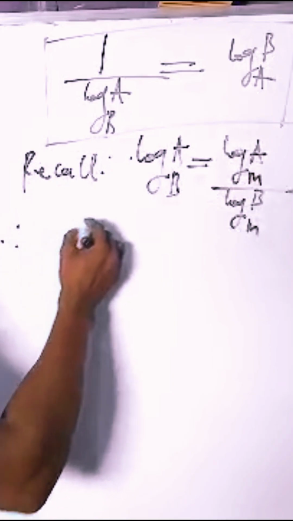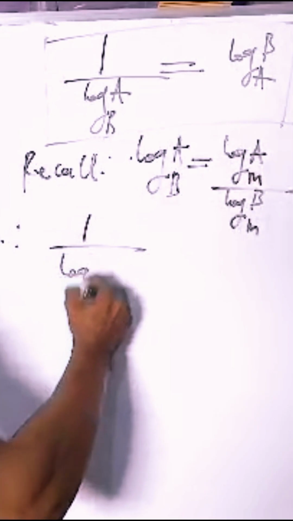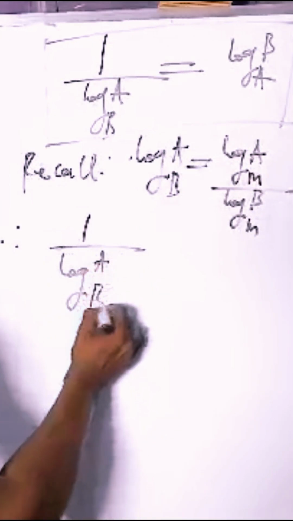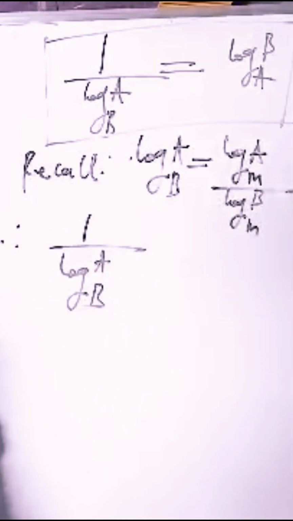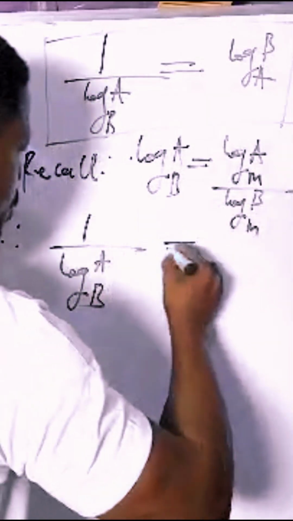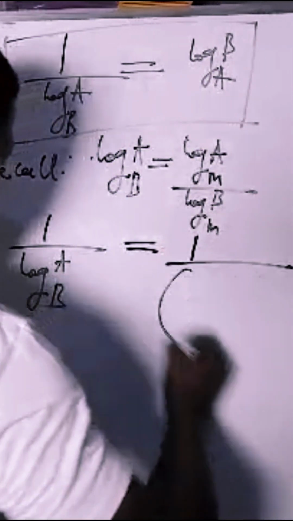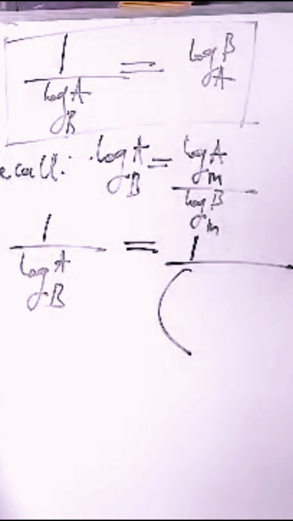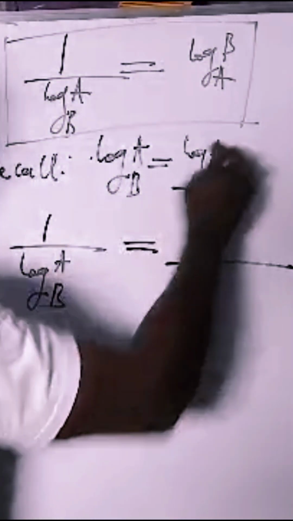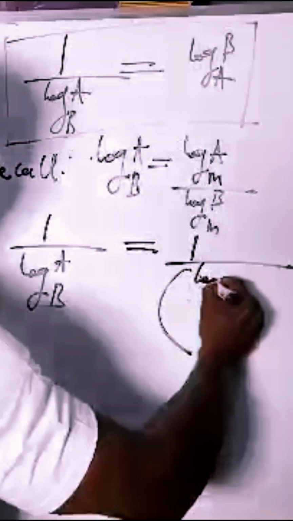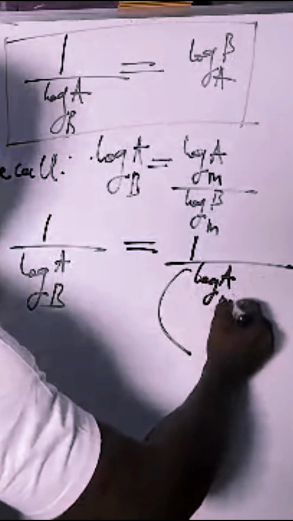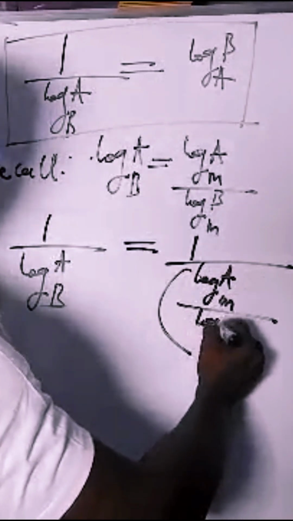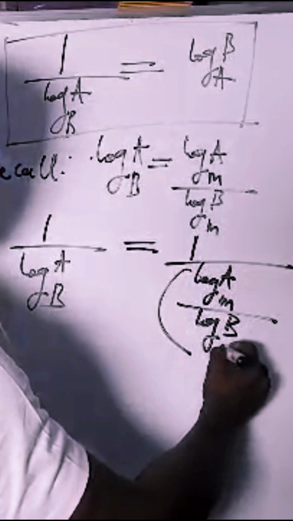So therefore 1 over the log of a to base b is as good as 1 over, so what is log a to base b standing for from the fourth law of logarithm, which is interpreted here on the board now, the log of a to base m divided by the log of b to base m.